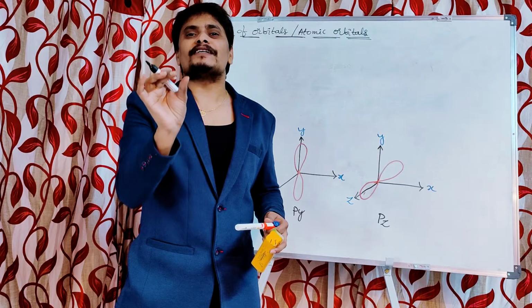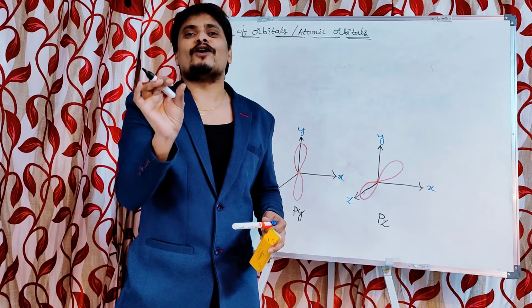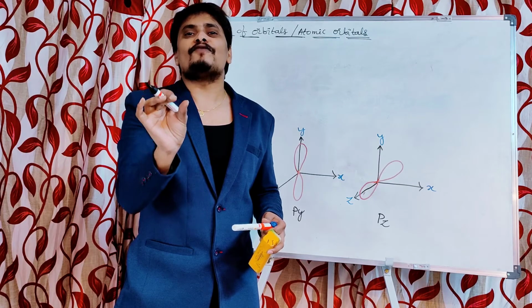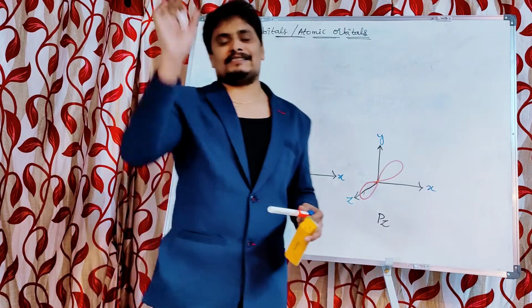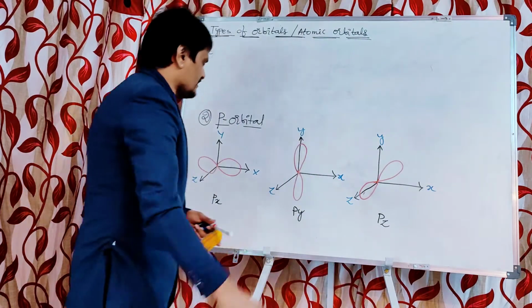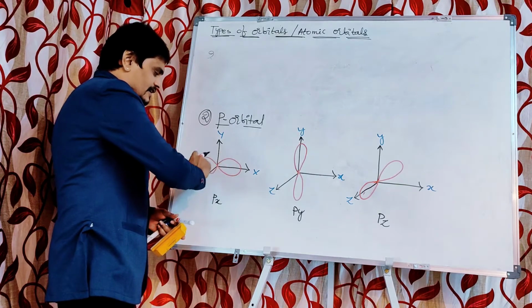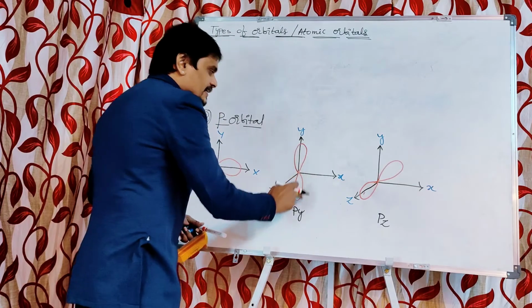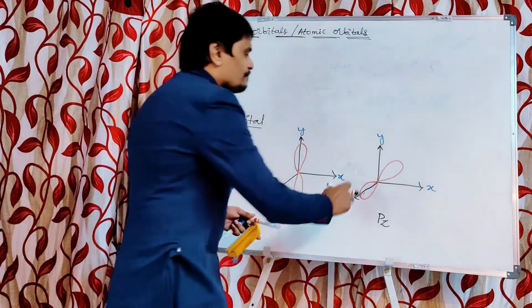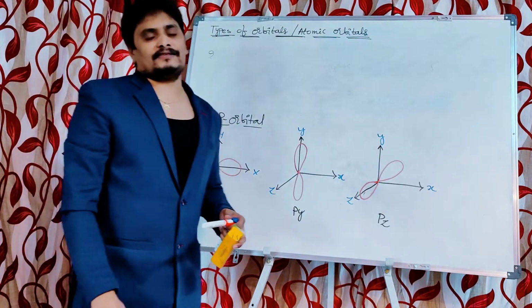In px, the electrons are located along the x-axis. In py, along the y-axis. In pz, along the z-axis.